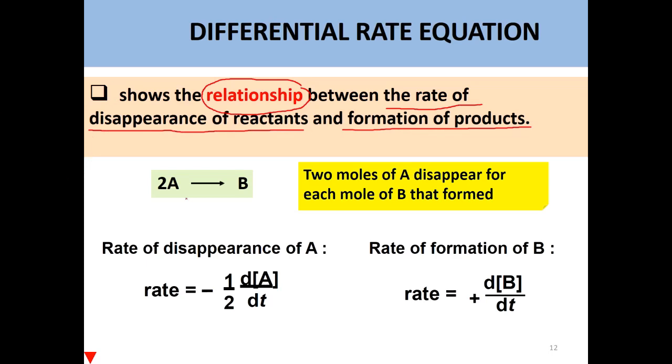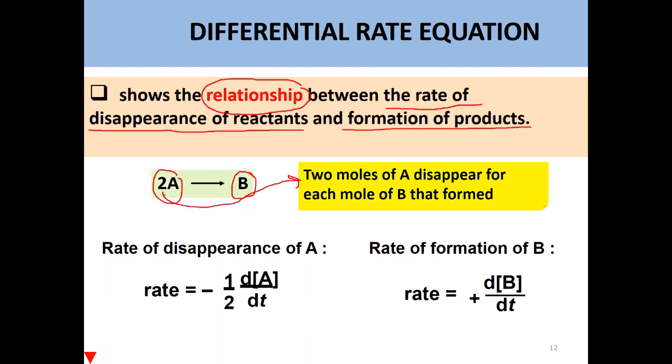Now for example, we have 2A to produce 1B. This indicates 2 moles of A disappear for each mole of B that forms. This is the meaning behind this reaction.